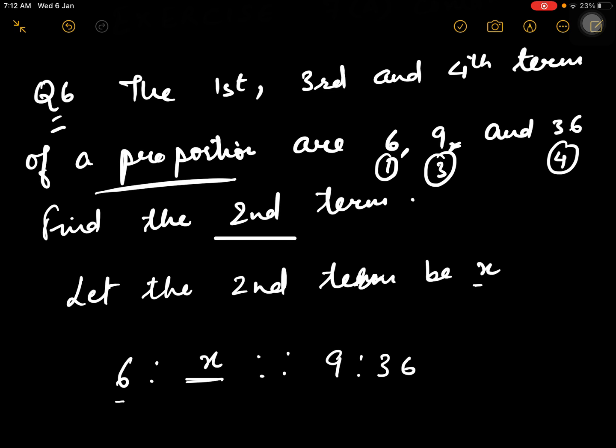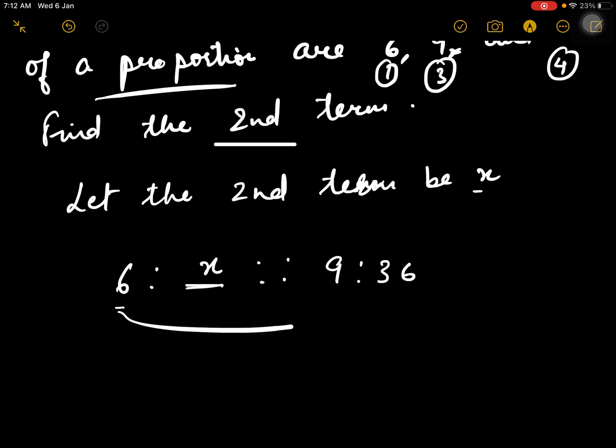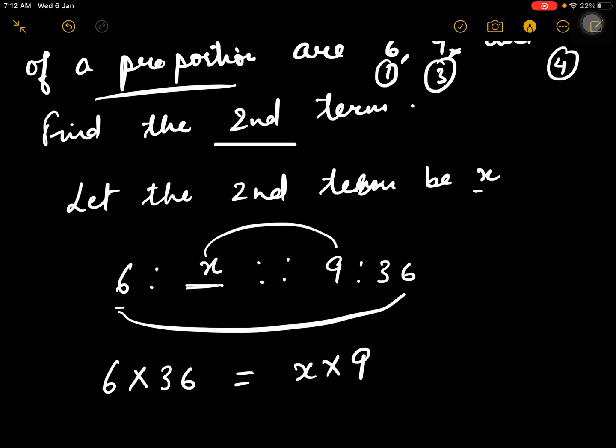Now the product of extremes is equal to the product of means, so we can write 6 into 36 is equal to x into 9. Complete this question yourself.